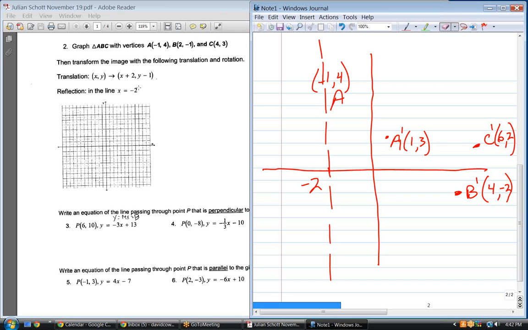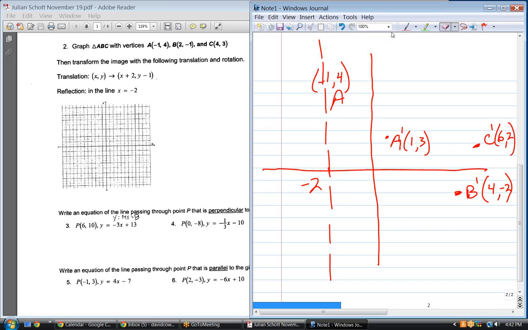No. In other words, I'm going to do this in 2 steps. We did the first step, which was to translate the original 3 points. Now we're going to do the next step, which is to reflect those translated points about this line. So what is A, we'll call it A double prime.